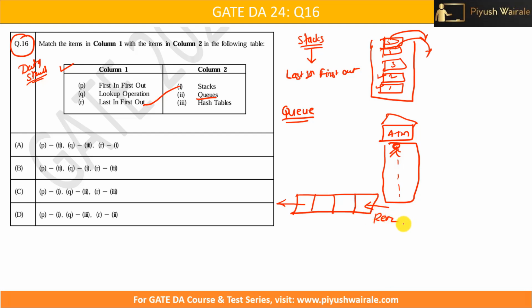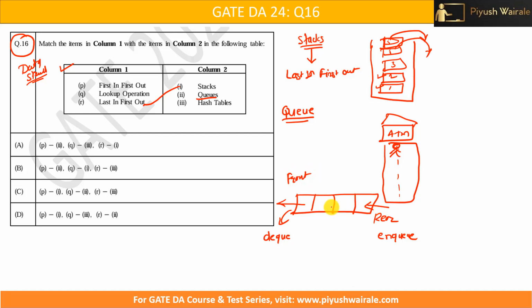This is the rear end, and this is also called enqueue because we are inserting the element into the array, and that element will be taken out from the front end. This is the front end, and that is basically a dequeue operation. So we are removing the element from this array. In this way, we can restrict this list in such a way that the first in, first out operation will take place.